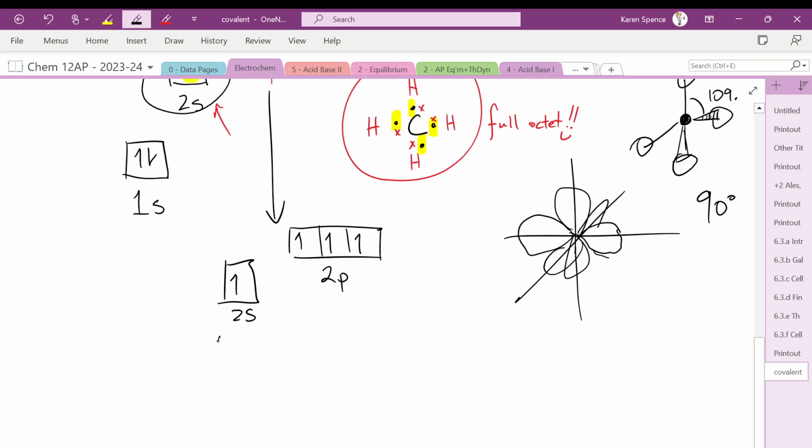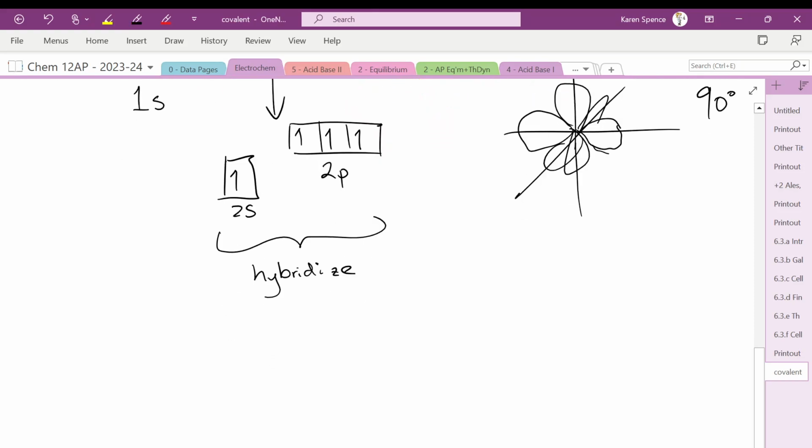We're going to hybridize. So we're basically going to put them in the blender, all right? And we're going to end up with 4 orbitals that are all of the same energy, which means they are what? Degenerate.